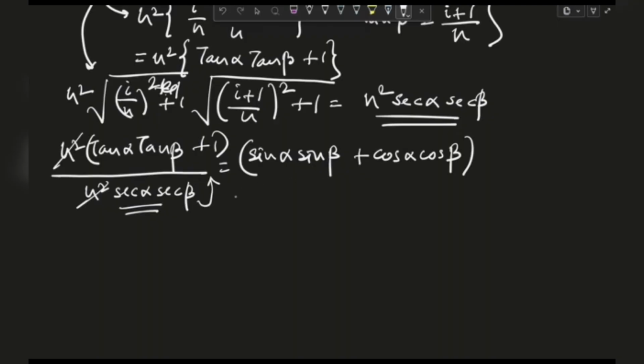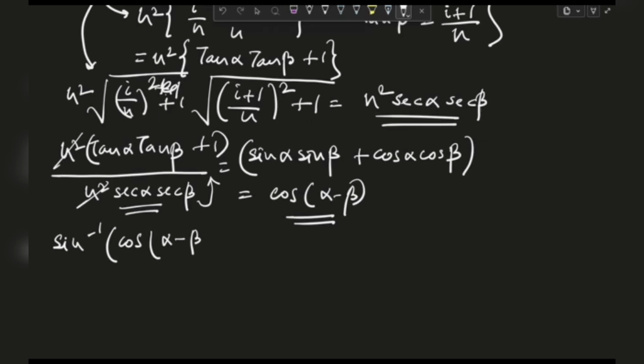So this is what we have finally, and this thing is nothing but cos of alpha minus beta. Basically our final expression actually becomes sine inverse of cos of alpha minus beta.